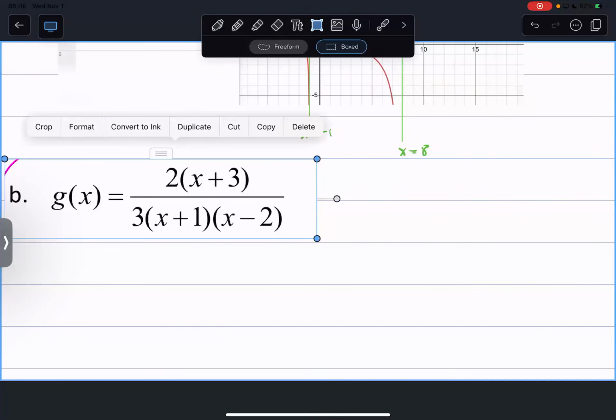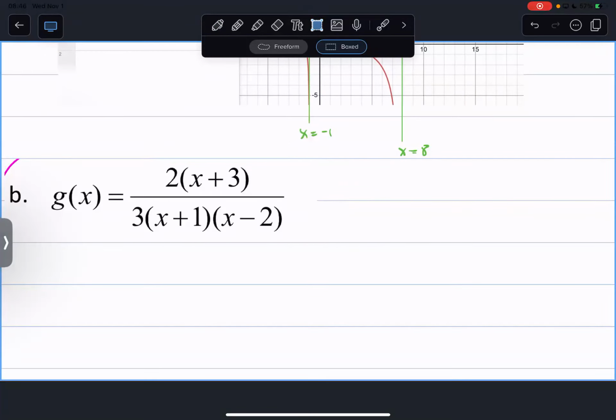Doesn't need to be that big. There. So we're trying to find the vertical asymptotes again, but when it's in factored form, it's a lot easier. Right? X equals -1.